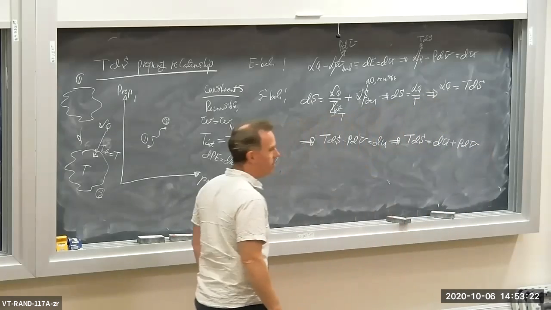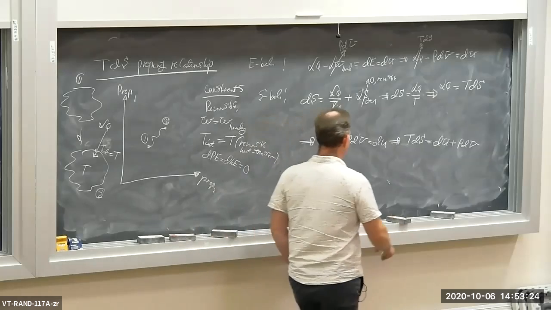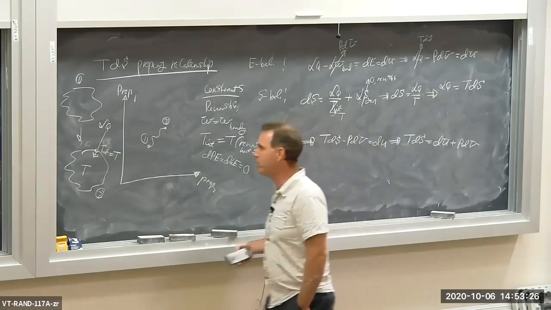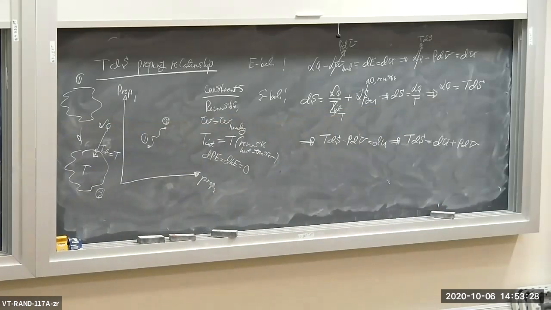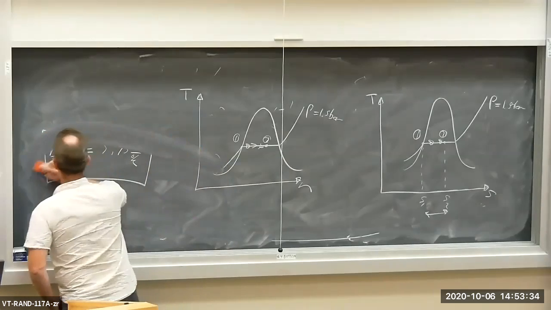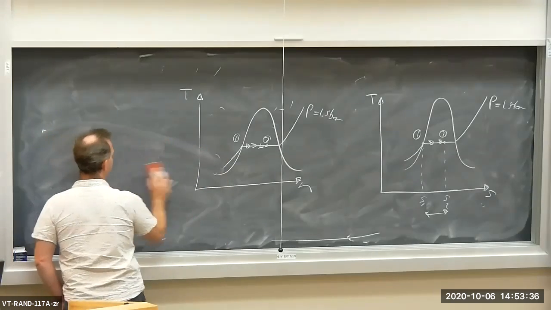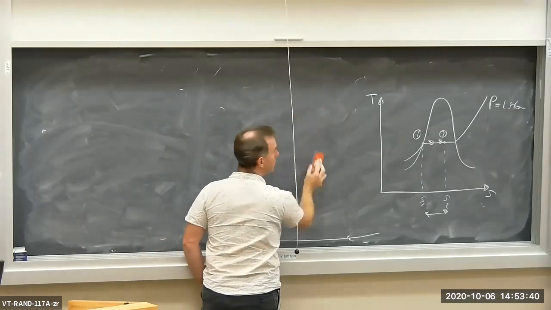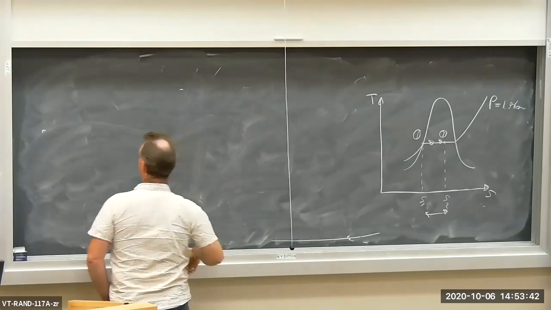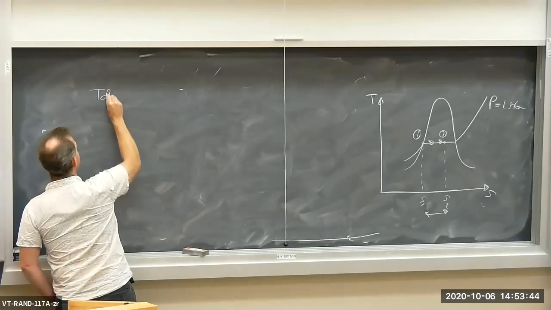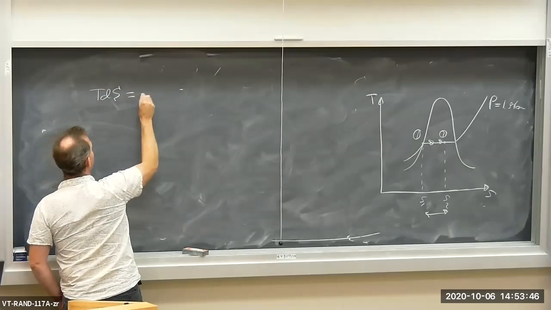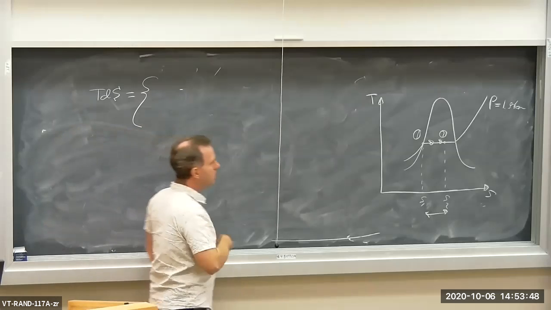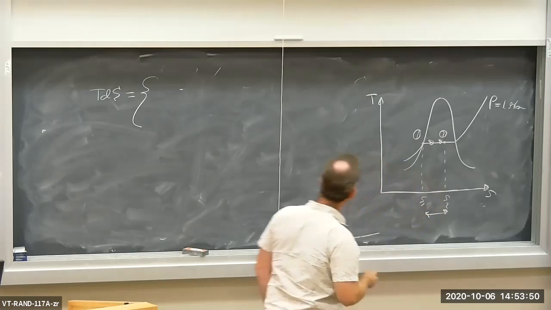Let me write that equation down over here so we can keep track of it. T dS equals dU plus P dV.